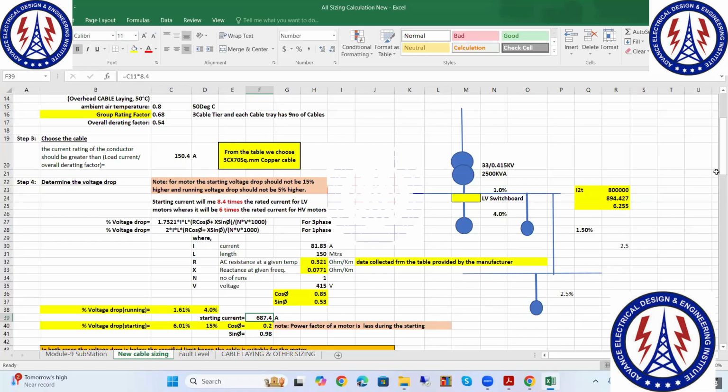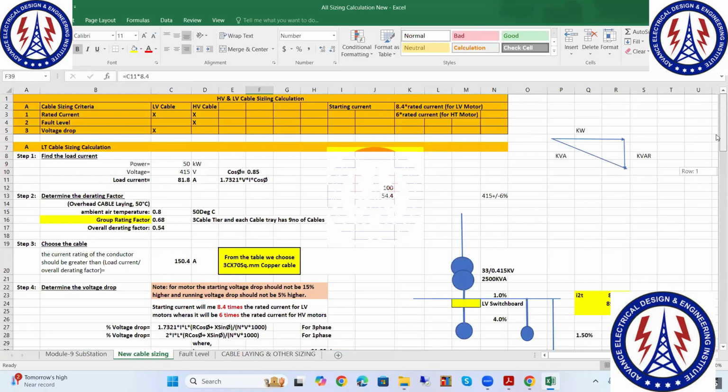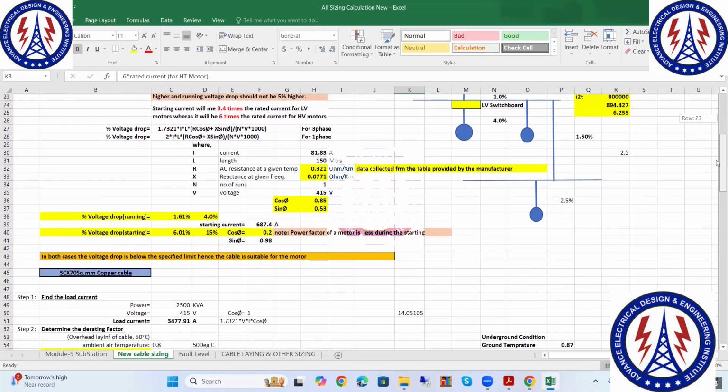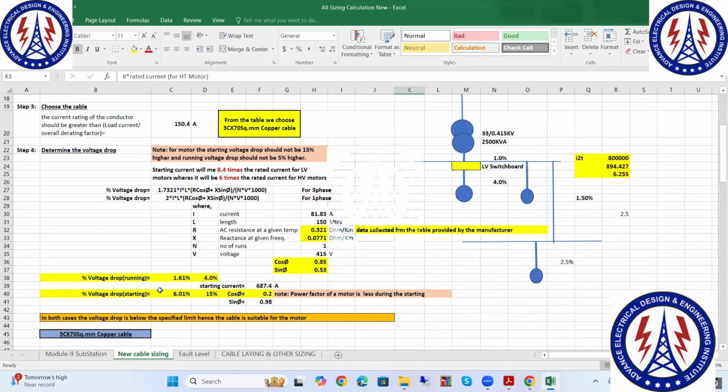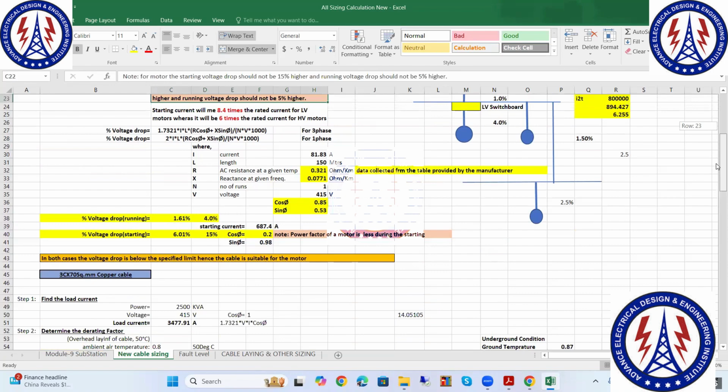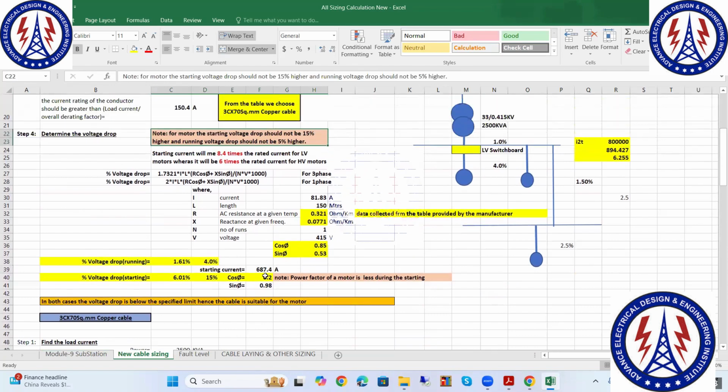In case of a motor, generally you can go up to 8.4 times for LB and 6 times for ST of the running current. So for an LB motor, the starting current is 8.4 times the running current. Starting power factor is generally 0.2, so this we can take.